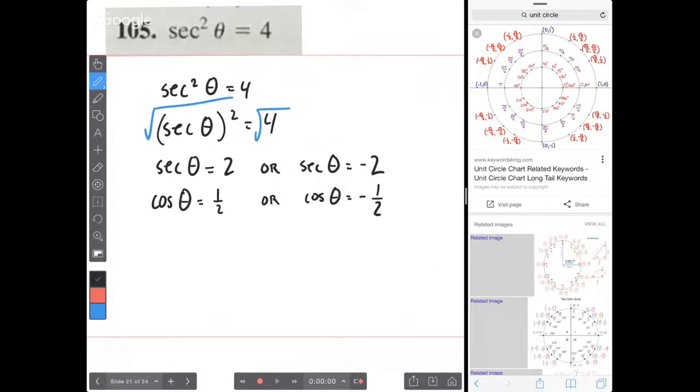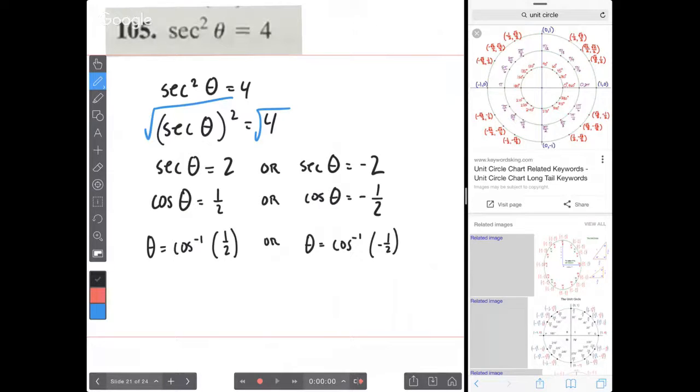And cosine is x, so x equals 1/2 at inverse cosine of 1/2, or -1/2.